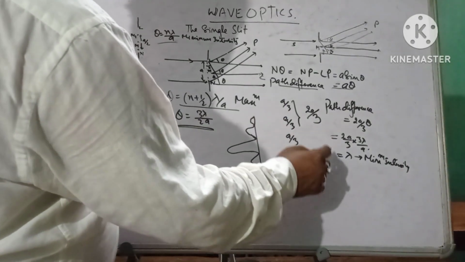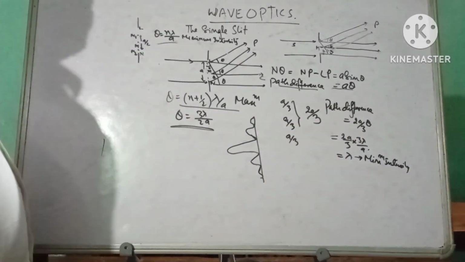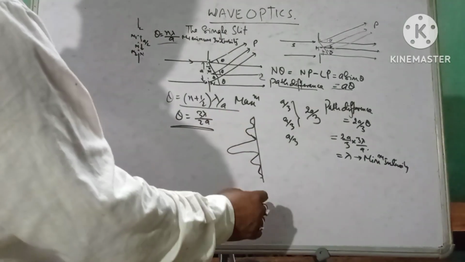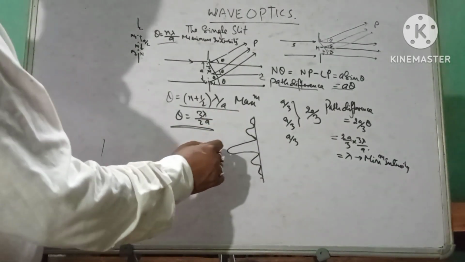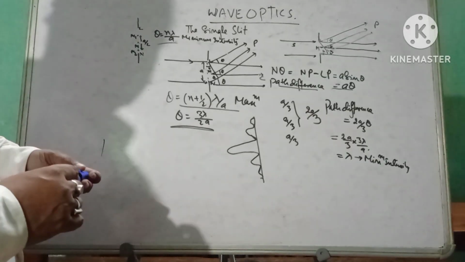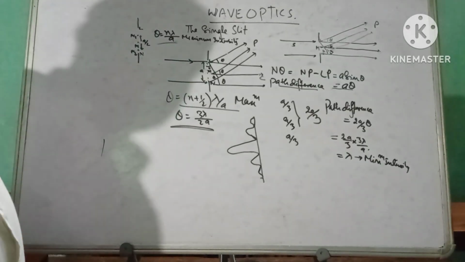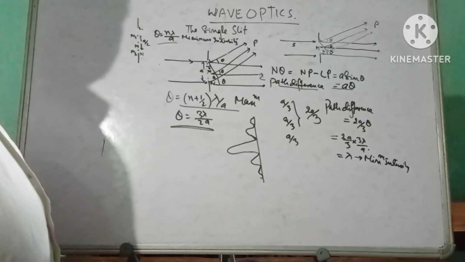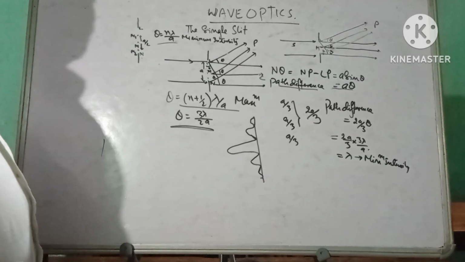This is the reason they have given, and your output will be like this. So this is all about the single slit. I have done it in detail because my student wanted it, so I have done it for them.